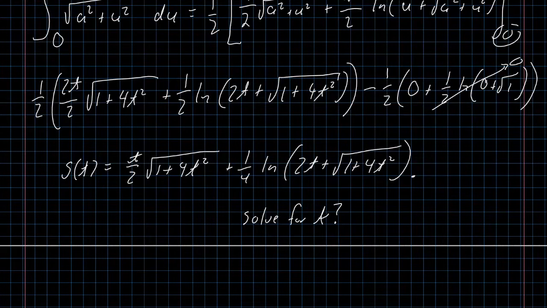If I can solve this equation for t, then I will have the arc length parameterization that I was looking for. But it turns out that it's actually impossible to solve this equation for t.